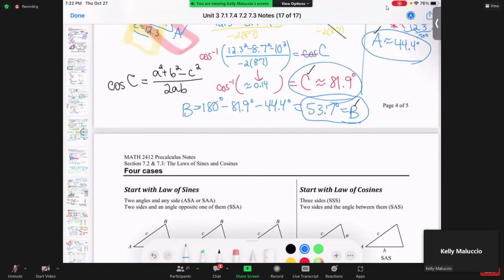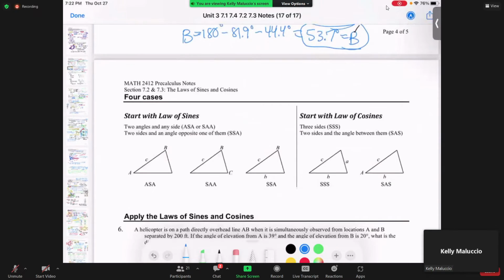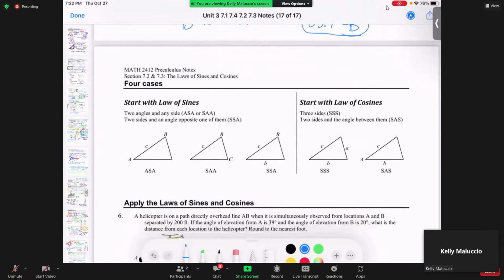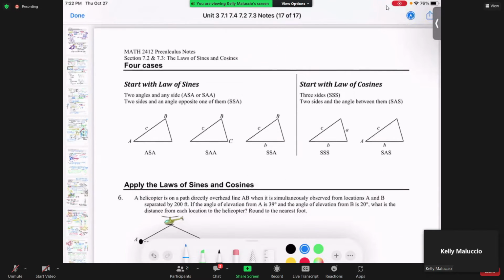So now we're summarizing all of the cases that we've looked at. Maybe that was confusing, but there are a lot of cases when we don't have a right triangle. There are 4 cases we've seen. When you start with law of sines, it's either angle side angle or side angle angle, or it's side side angle, but this was kind of a least favorite.